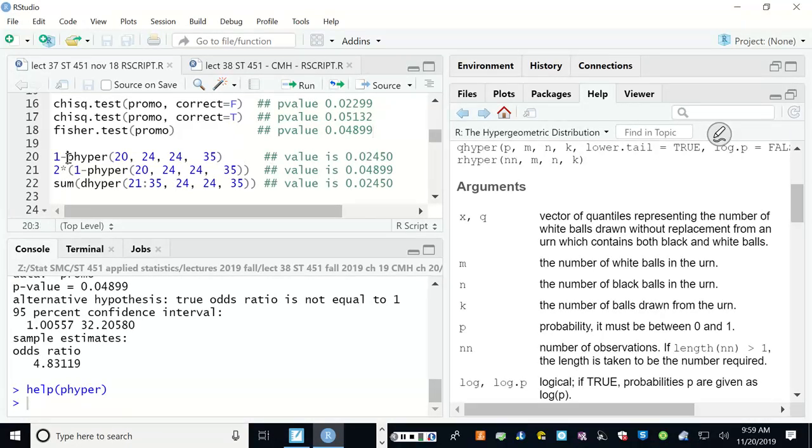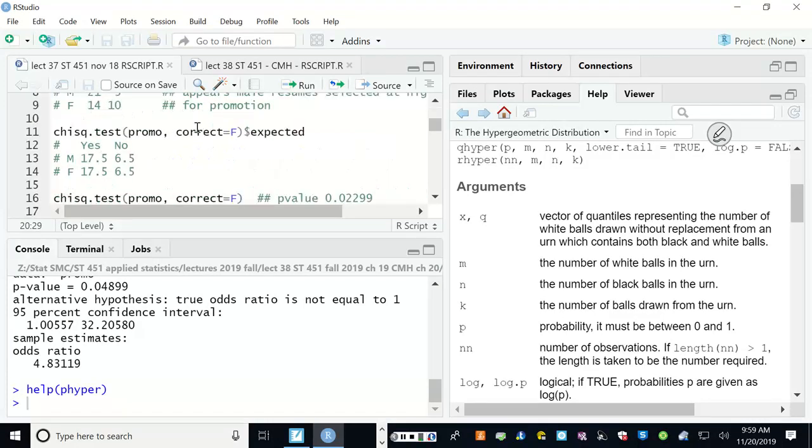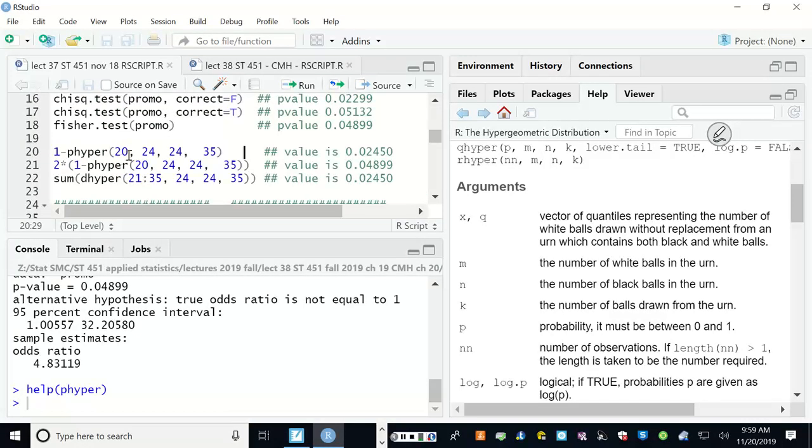So the probability, P hyper, is the probability you're at a number or less. So we had 21. So the probability you're at 20 or less, 1 minus that is going to be the probability you're 21 or above. Right? Our expected value is 17, and we have 21, so we're looking at all the tables that go bigger. And so the probability you're bigger is this.